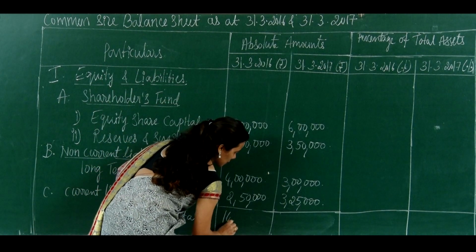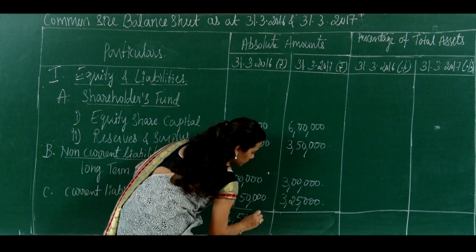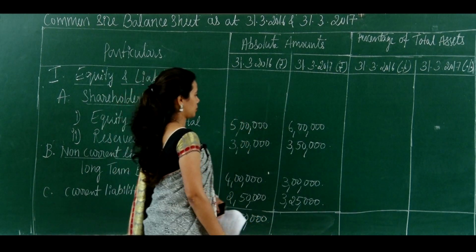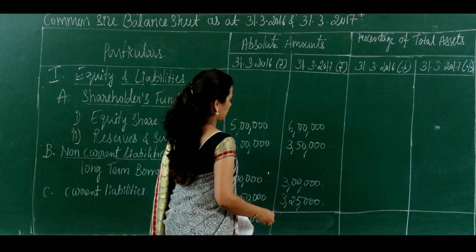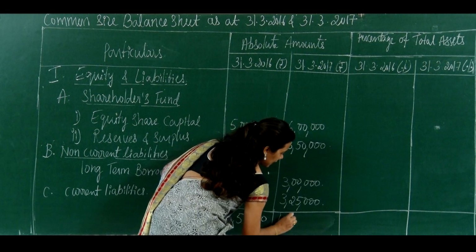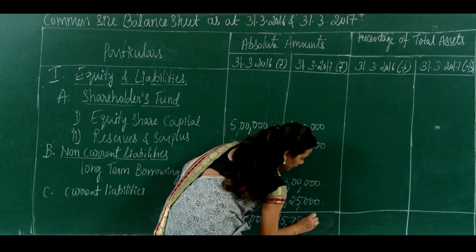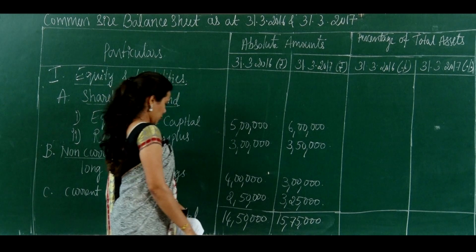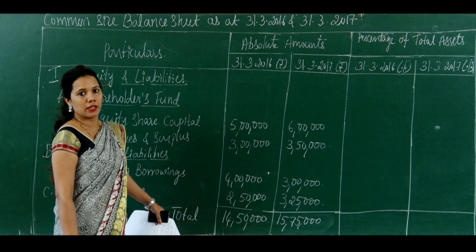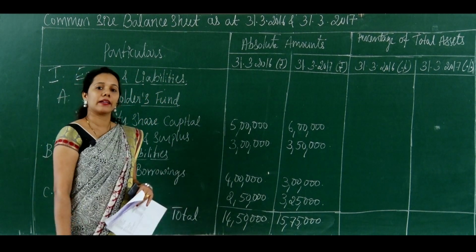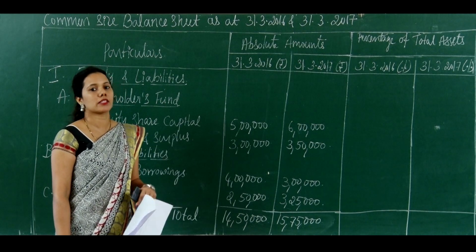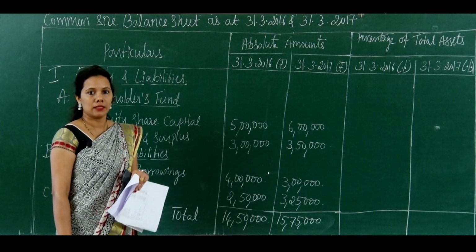So, 14 lakhs 50,000 and 15 lakh 75,000. So, you got total liabilities. Total liability can also be the base, because total assets are always equal to total liabilities.